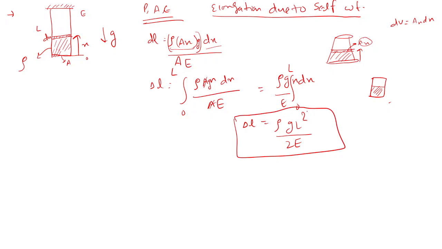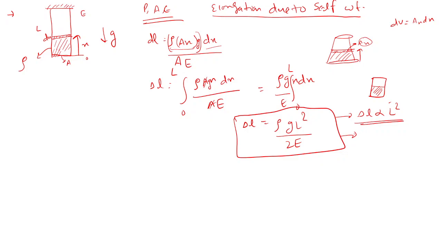Now what conclusion can you get from here? If this length is 2 meter for one and 4 meter for another one, then what will the elongation be? Elongation is proportional to L square, right? So change in length varies as the square of the length.